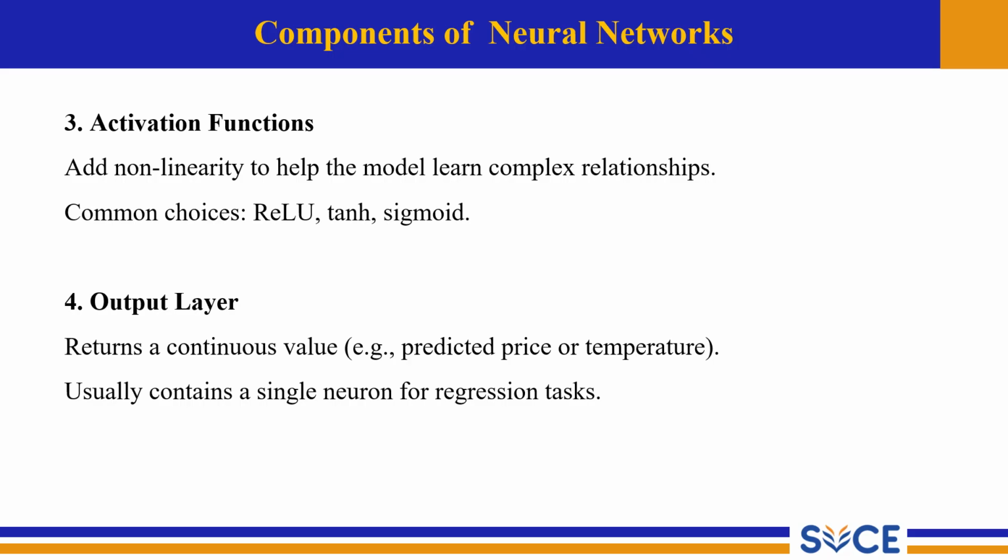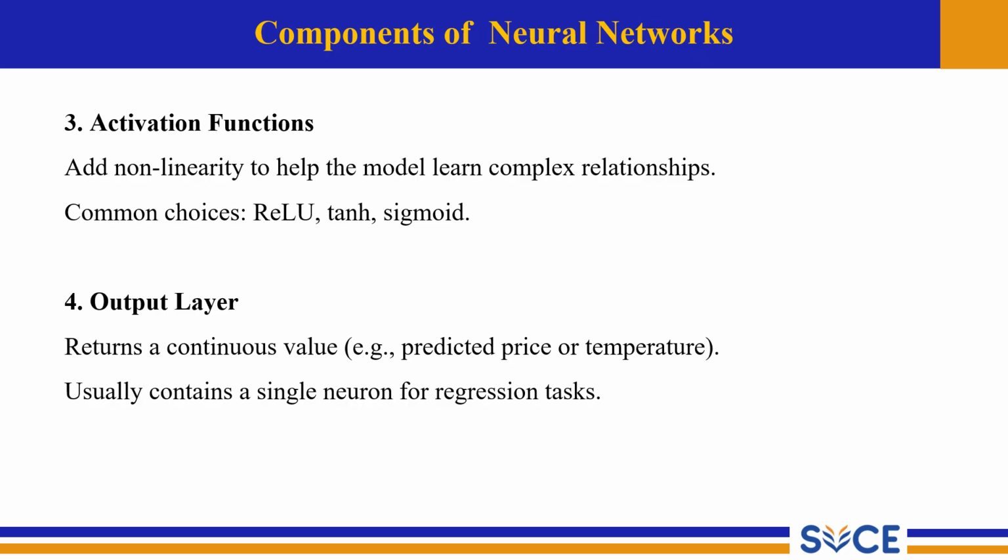And the third one is activation functions. Activation functions introduce non-linearity into the neural network. This non-linearity allows the model to learn and represent complex relationships within the data, which linear functions alone cannot capture.